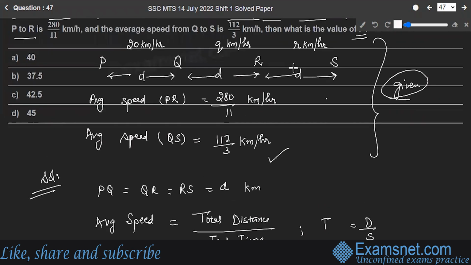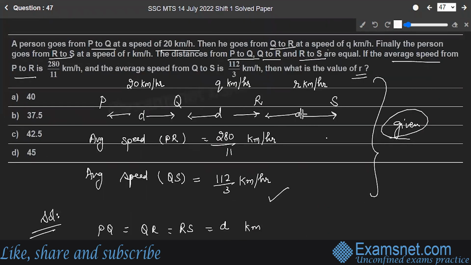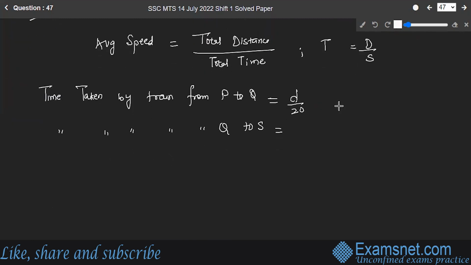And we know the distance between Q and S is 2D. So using the formula for average speed, the time taken by the train from Q to S is total distance, that's 2D, upon the average speed. Average speed was 112 upon 3, which on solving will give you 3D upon 56. So this is the time taken by train from Q to S.